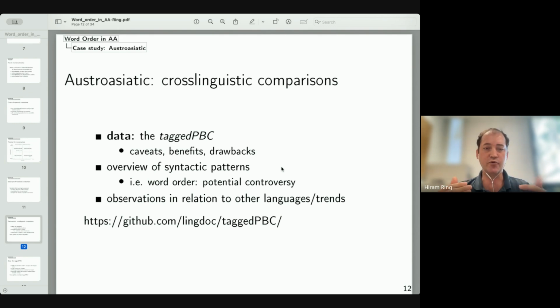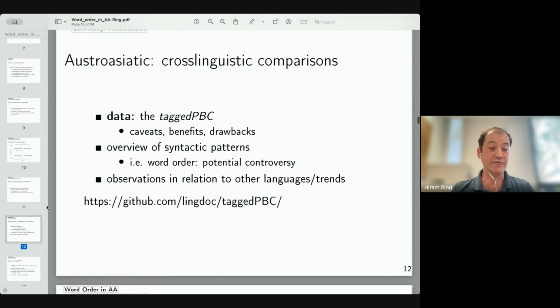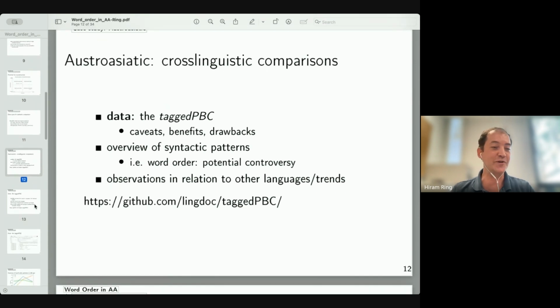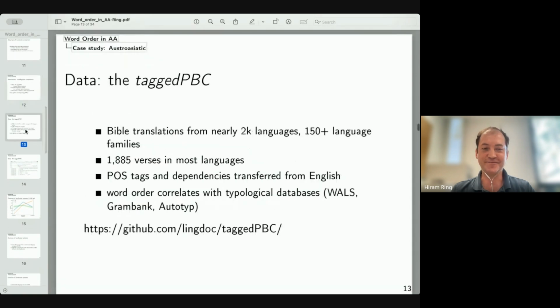Now I'll go through some of the caveats here, and then give an overview of the syntactic patterns that I've found related to Austroasiatic and other languages, and then make some observations. But this data set is open, and you're welcome to visit this link here and contribute if you can, and I'll make a larger appeal for that later on.